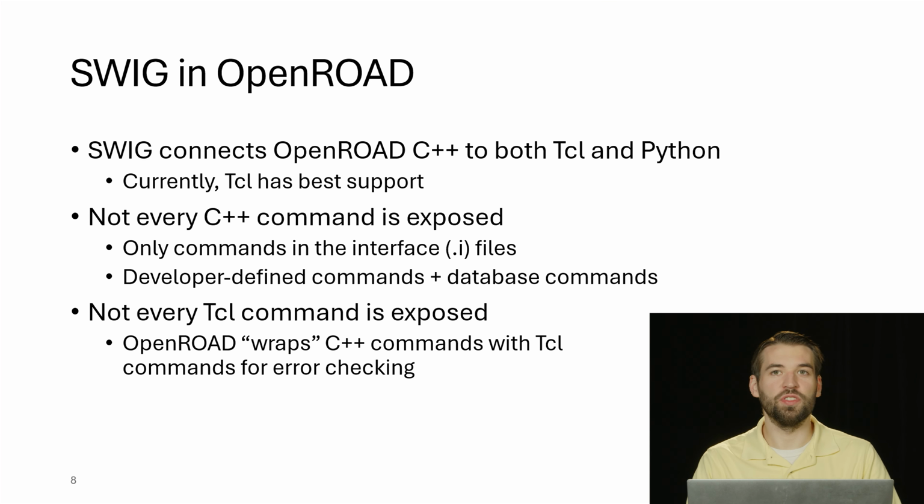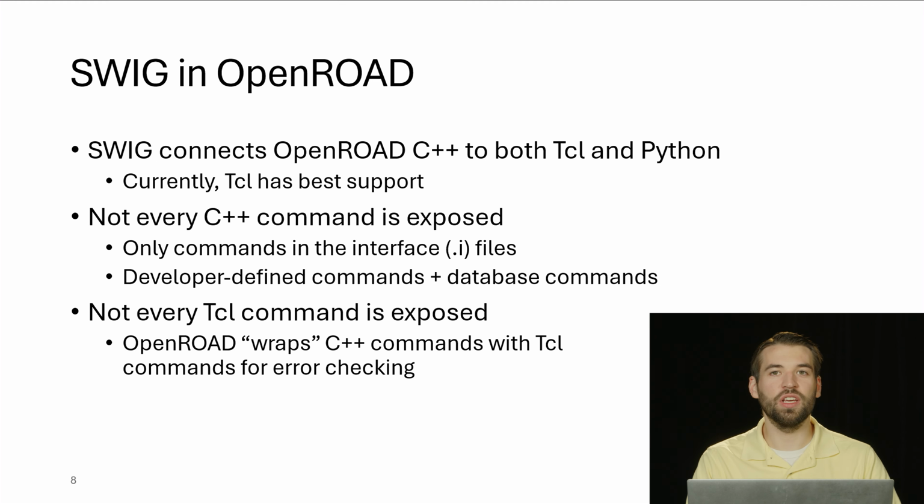So in OpenROAD specifically, SWIG connects OpenROAD C++ to both Tcl and Python interfaces. Currently, Tcl has the best support, and it's designed to be the primary user interface. It should be noted that not every C++ command from OpenROAD is exposed to the end user through either Tcl or Python.